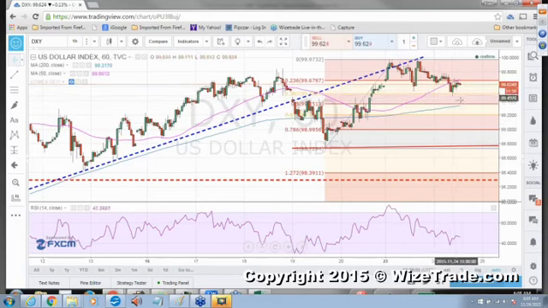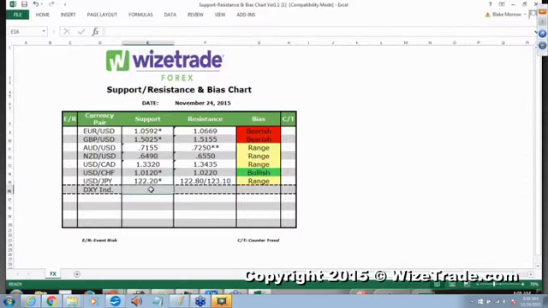That's holding thus far. So what's the low? 99.46. We're at 99.61. So dollar index support 99.45, 100. And we're bullish. But the dollar's coming under obviously a little bit of pressure.